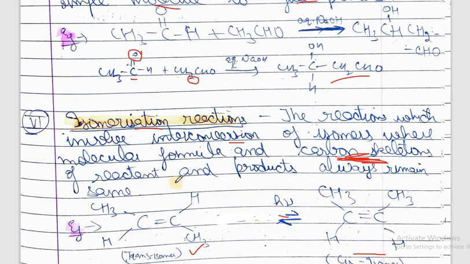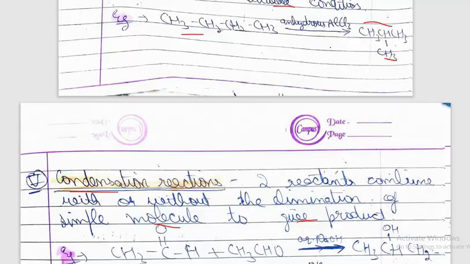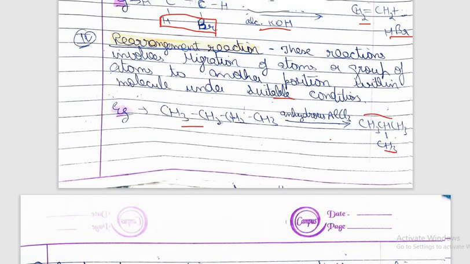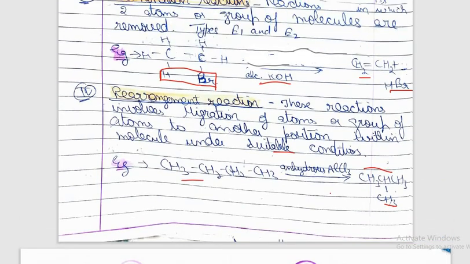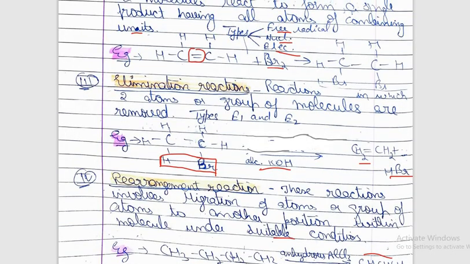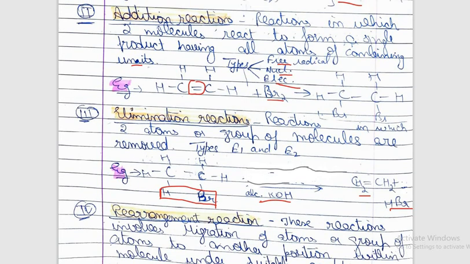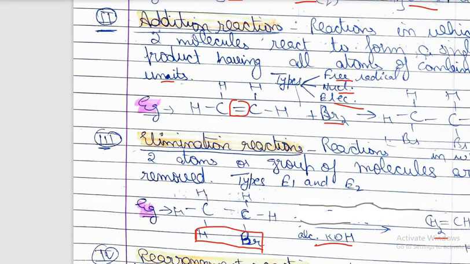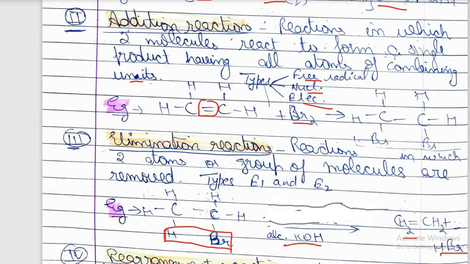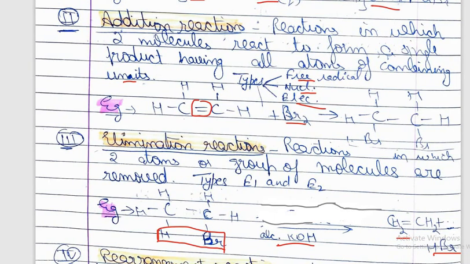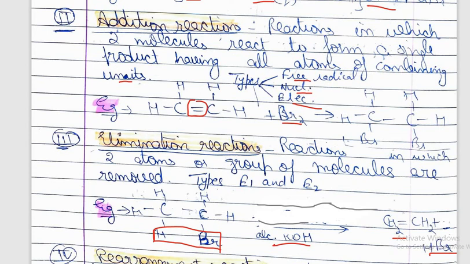So these are the various types of reactions, and we have done them with examples. And in all these reactions we have missed one thing, I think, that is the types of elimination reactions. Elimination reactions are further of two types, but we will do these in detail in further chapters, not now.